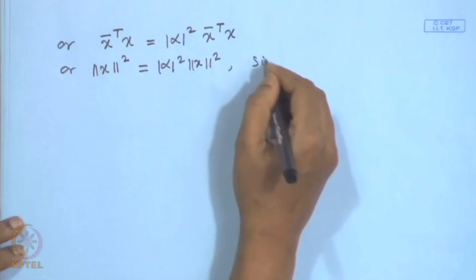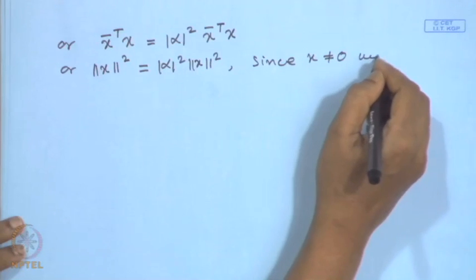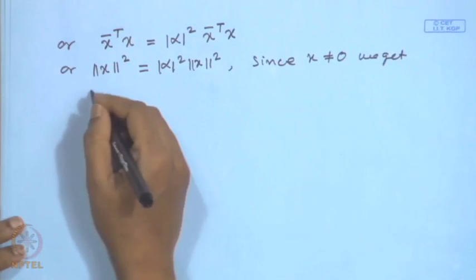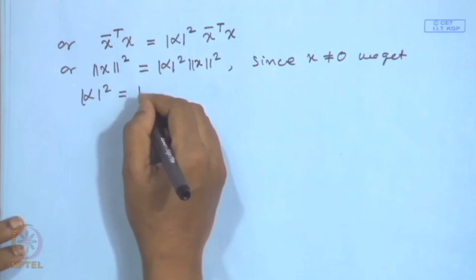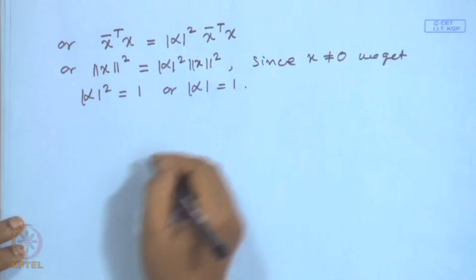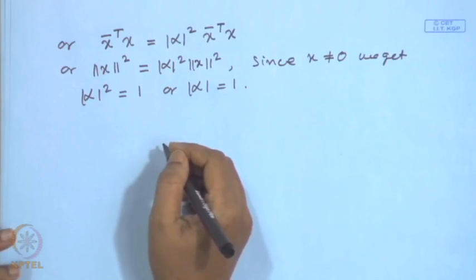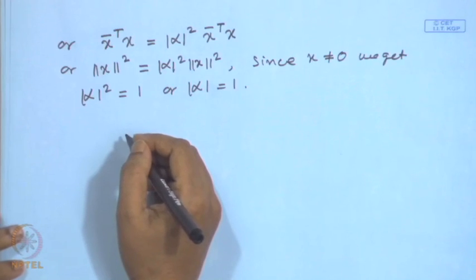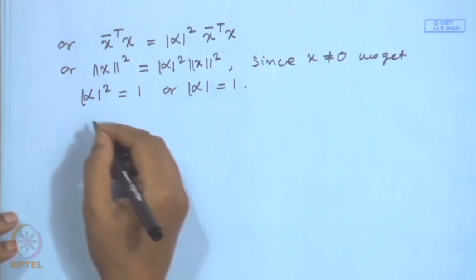Since x is a non-zero vector, we get mod alpha square is equal to 1, or mod alpha is equal to 1, and this proves the result that the eigenvalues of unitary matrices have absolute value equal to 1.